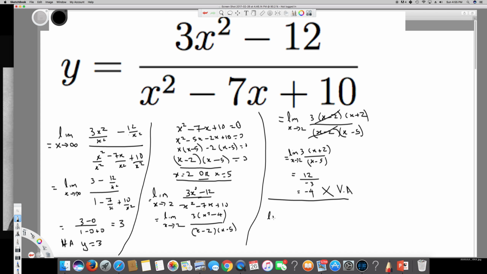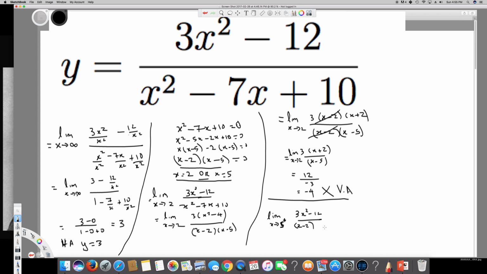So limit x approaches 5. You can take the left side or the right side. I take the right side; plus means it's coming from the right side. So 3x square minus 12 over x minus 2 times x minus 5.